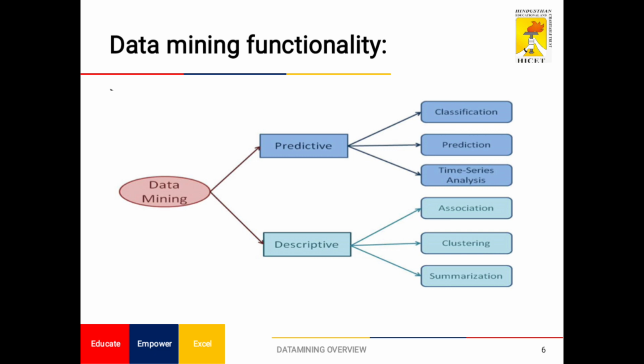In the descriptive model we use association rules, clustering algorithms and summarization of data. For clustering we can use k-means, and for association rules we can use the Apriori algorithm. On this classification, predictive modeling, supervised learning and unsupervised learning can also be used.